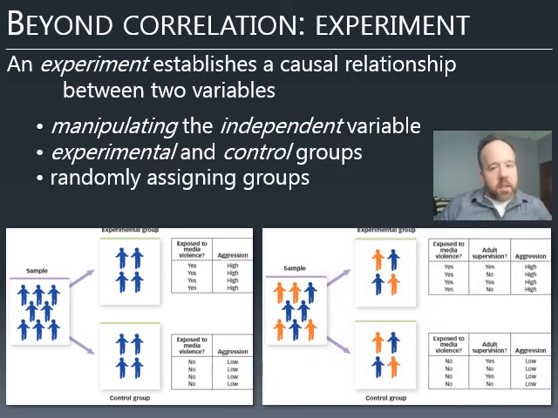Now, the really important part of doing an experiment like this, with these two groups, is that you have to randomly assign the groups. And this is really, really important because if you have enough people, if you randomly assign the groups, if you flip a coin to determine whether someone's in the experimental or control group, all of those possible third variables should wash away.